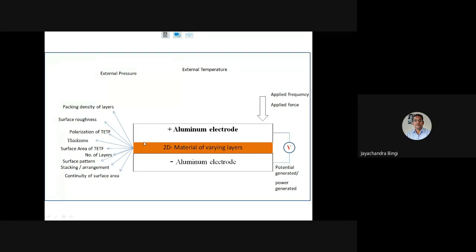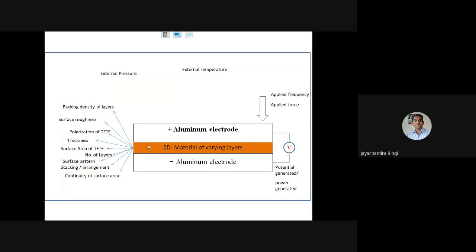So density is how layers are actually stacked here. Layers means don't get confused with electrodes. I am talking only about this orange color region as the stacking of number of layers. It is not a single layer. There are number of 2D material layers.